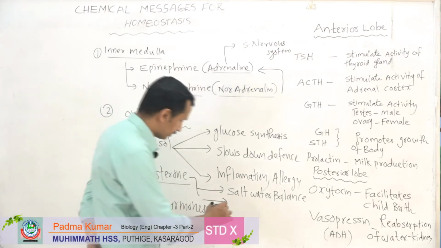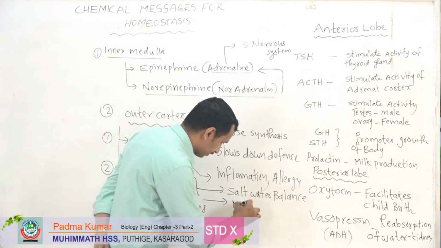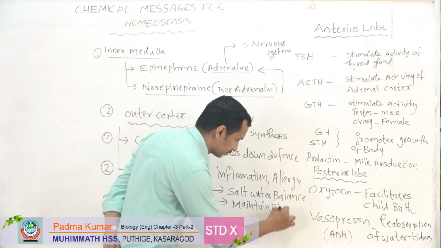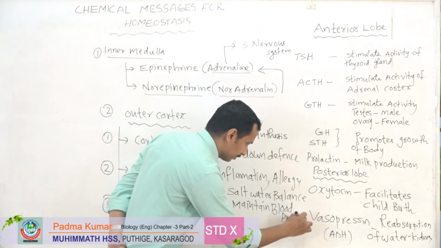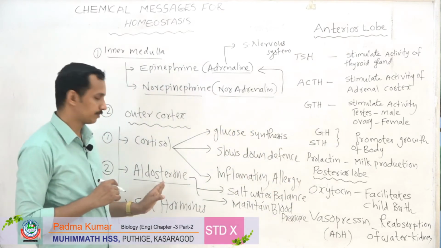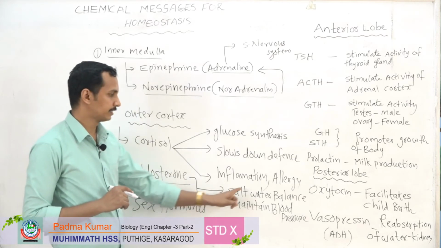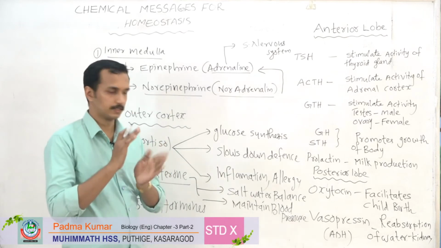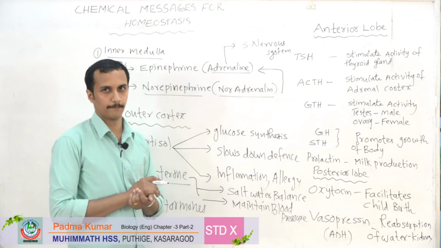In addition, it also maintains blood pressure. So the functions performed by aldosterone are salt-water balance in the kidney and maintaining blood pressure.